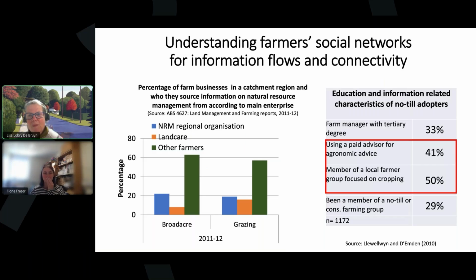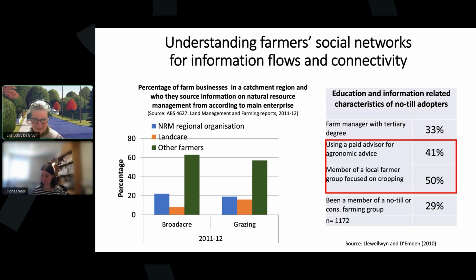And most of these people are seeking paid advice and are also members of local groups. And on this side, you can see that most farmers, when they're trying to source information, are going to other farmers. So up to 60% are finding their information from other farmers, and less so reaching out to, say, a natural resource management organisation or Landcare.